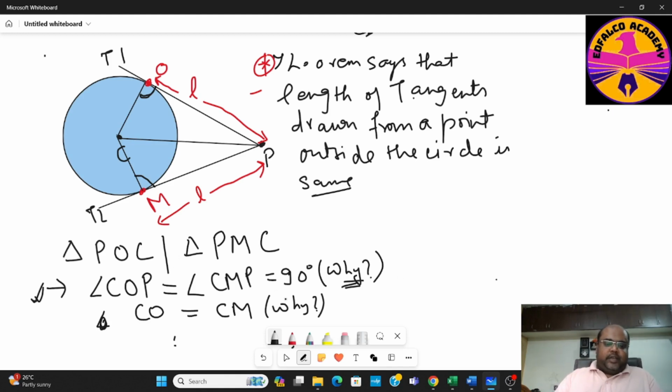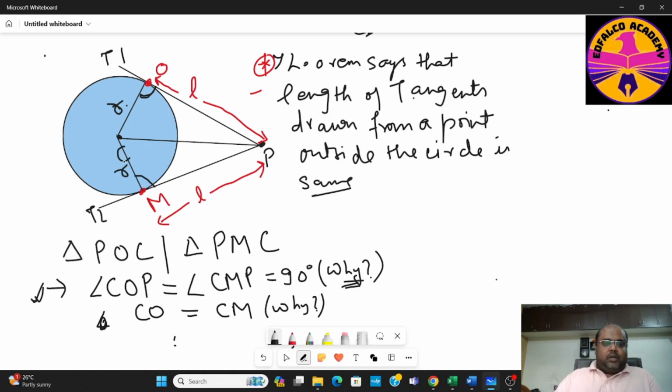So that is why you are saying that these two angles are same and they are equal to 90 degrees. Same way CO is equal to CM. Why? The reason is that CO and CM are nothing but the radius of the circle. So this is R and this also must be R, right? Both of them must be the same value. So that is why they are equal in their side length.